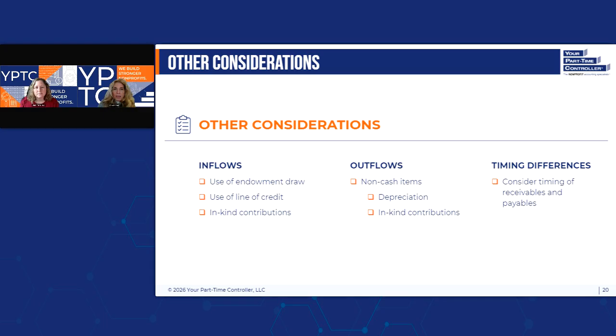We need to think about the timing of receivables and payables because not all inflows and outflows hit cash when they hit the income statement. These timing differences can meaningfully impact your cash planning, and you'll see some specifics of this in our forecasting discussions. These items are important to monitor so your budget reflects both operational activity as well as cash realities.